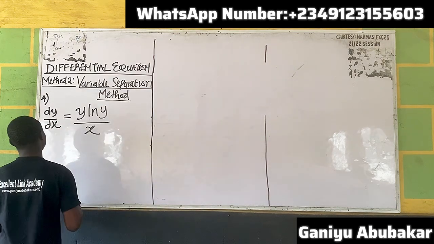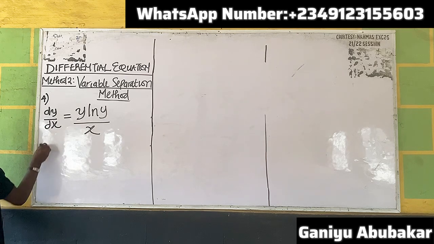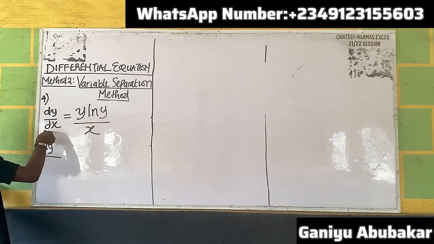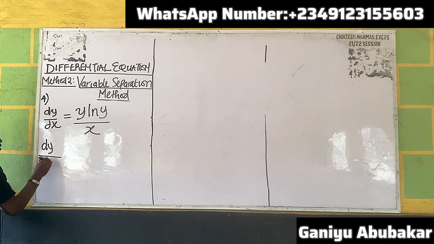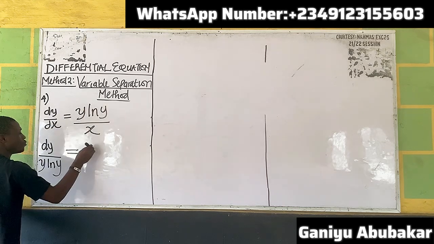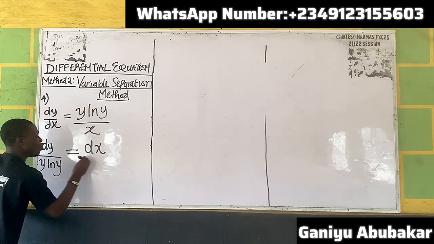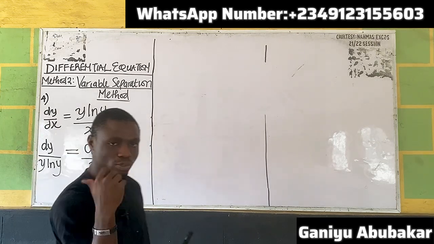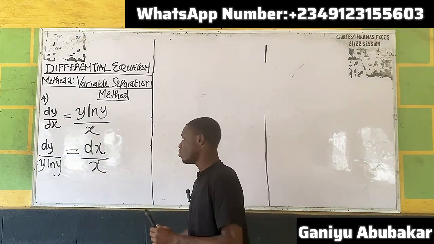So I'll have dy over y ln y is equal to dx over x. You should know how this works by now.